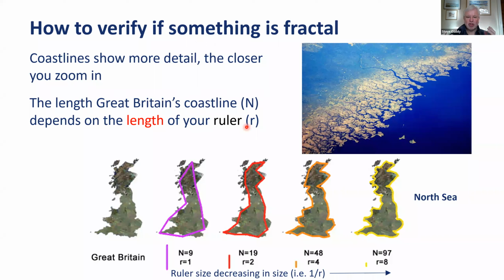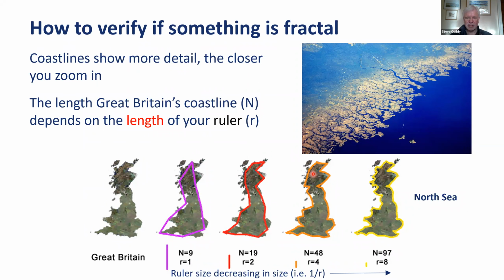So as you use smaller and smaller rulers, you can get into the estuaries and into the little basins and rivers, and you can continue this all the way down to pebbles on the beaches. And what you notice is that the coastline gets longer and longer the smaller the ruler.